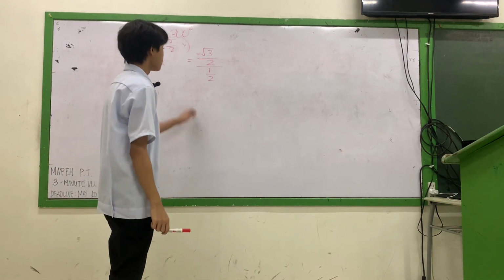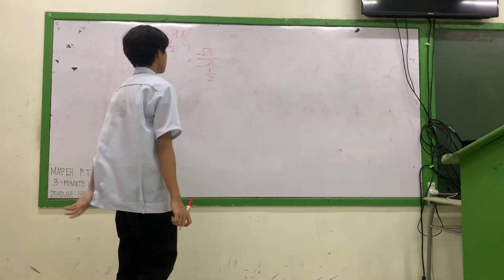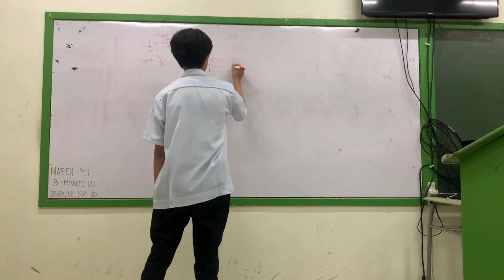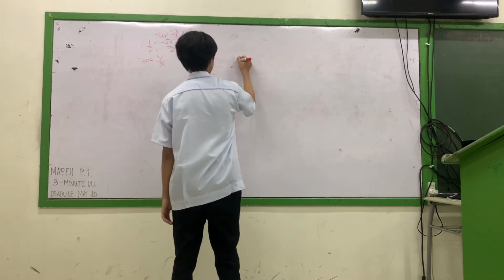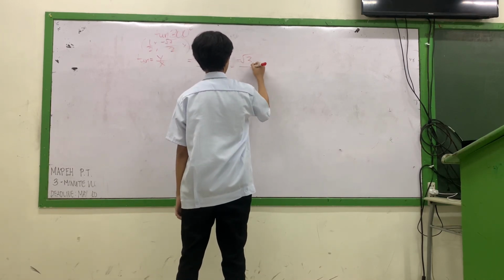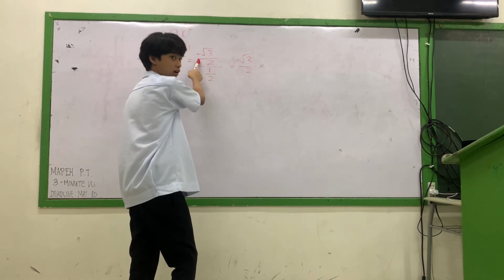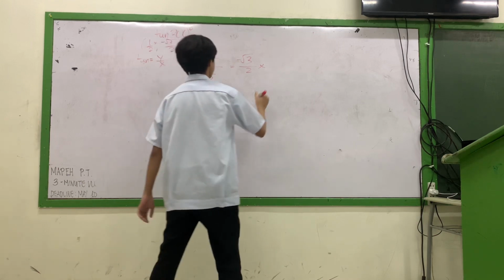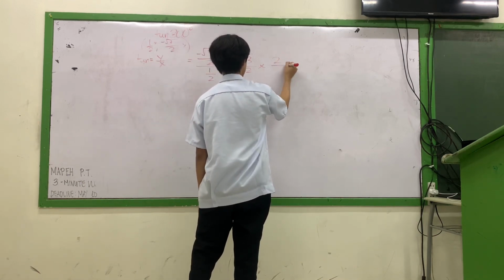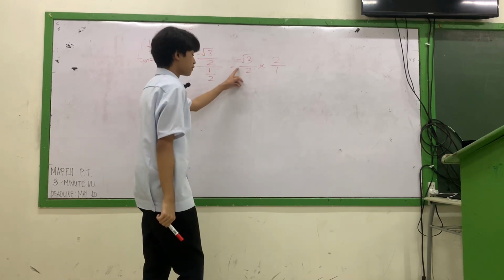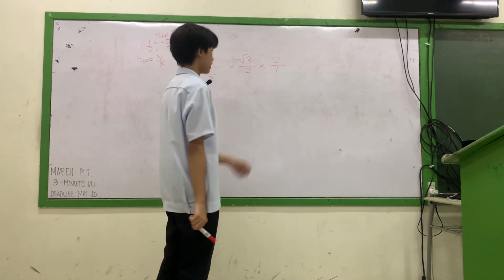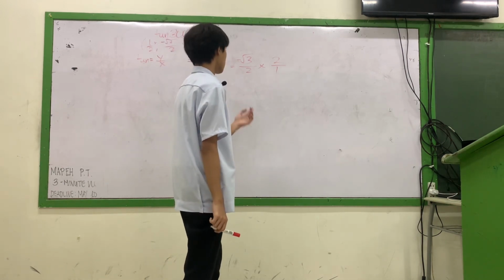Now, because it's a division of fractions, we can simply find the reciprocal of the denominator and multiply it to our y. So that would be negative square root of 3 over 2 multiplied by 2 over 1.